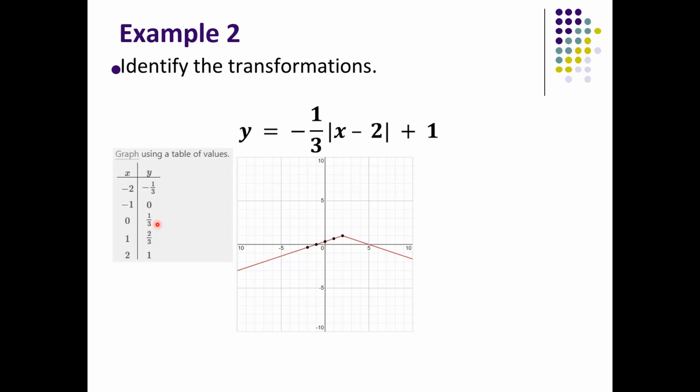And then our y-intercept is at 0, 1/3, which is right here on the y-axis of the graph. Other points were plotted. We have 2, 1, which is here. And then we have 1, 2/3, which is here.